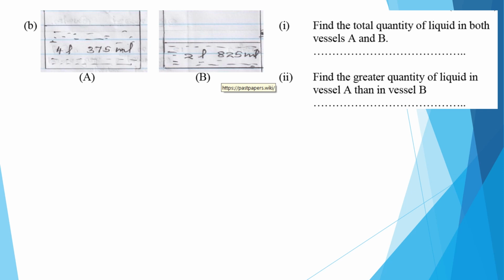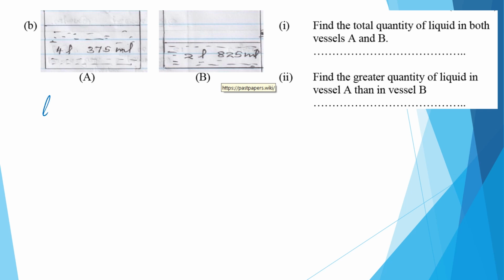In this one, find the total quantity of liquid in both vessels A and B, and find the greater quantity of liquid in vessel A than in vessel B. Let's address the first part. Find the total quantity of liquid in both vessels A and B. That means we have to add those two.